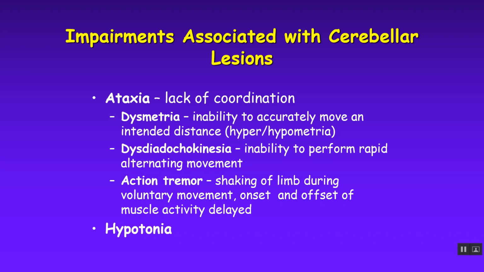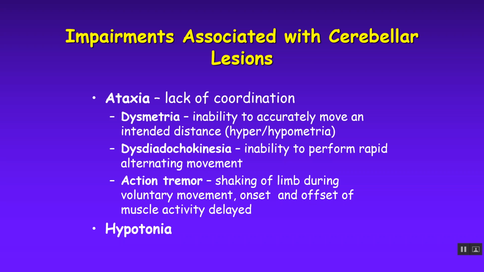They'll go too far and go past the nose and hit themselves in the face, or they'll stop short and then go past. Or if you have them trying to touch your finger out in space, they'll shoot past it or they'll stop before it. That's the dysmetric part of ataxia, the inability to judge the distance.